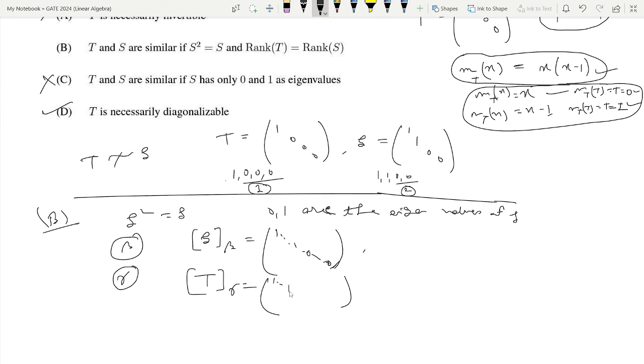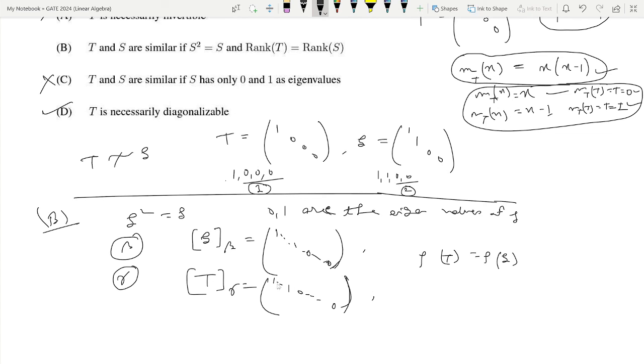Only diagonal elements are there, 1 and 0, and other elements will be 0, because these are diagonal matrices. Now rank T equal to rank S means that the non-zero rows in the matrix of S and the matrix of T will be the same, and also the zero rows will be the same.